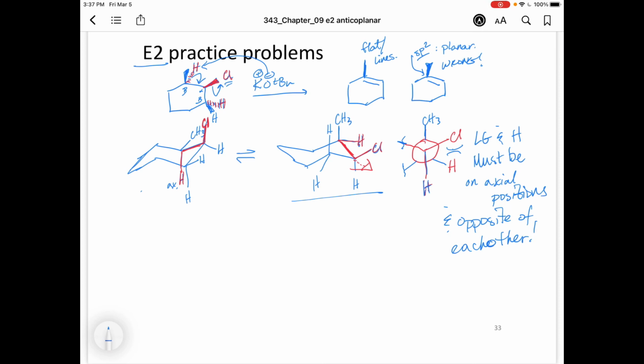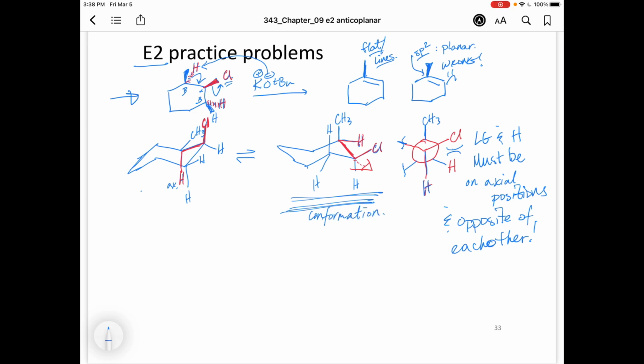This is really important. So in this example at the top, you actually were able to solve it without drawing the cyclohexane chair. You notice that the hydrogen and the chlorine were opposite. One was dashed and one was wedged. You could draw the product. You know that alkenes are flat, so we're not going to draw any wedges. This is wrong. And if we draw the cyclohexane chair, if you were given this conformation, remember, it's just how it is rotated.